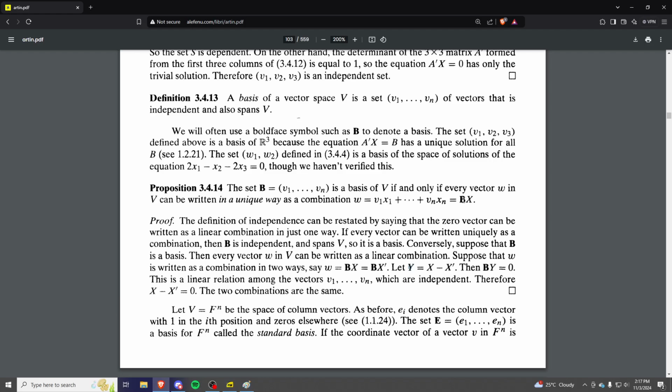He uses a lot of vector multiplication and matrix multiplication throughout this chapter, mostly to keep explanations and proofs very concise.